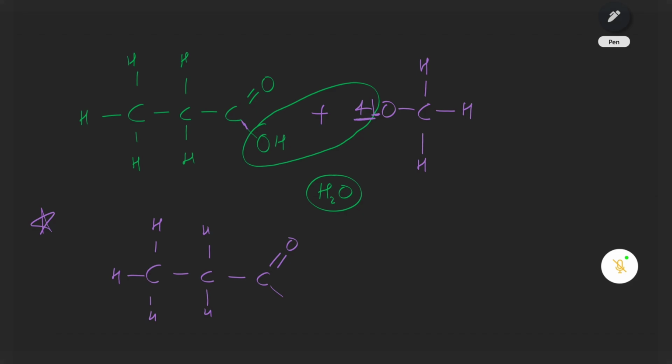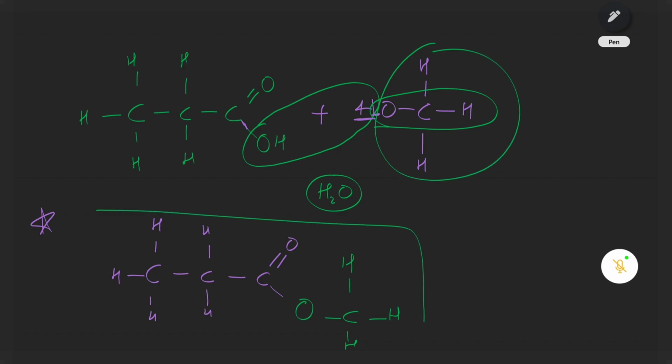So this entire thing will come and bind here: O, C, and H. So from methanol, this group will come and bind to the carboxylic acid. And this is the displayed formula for the ester.